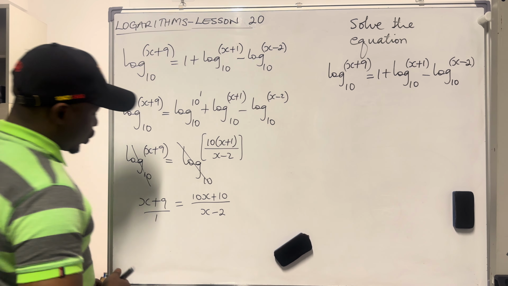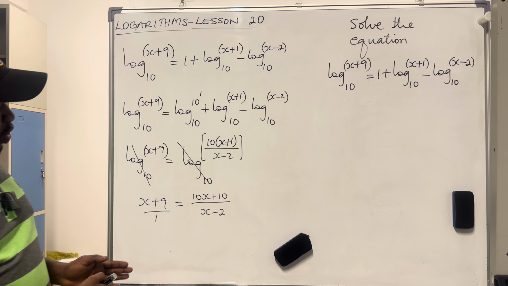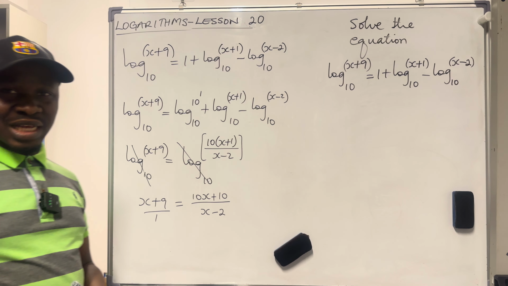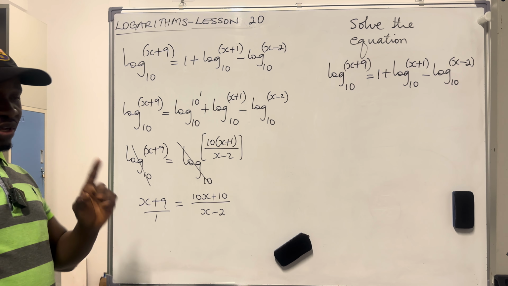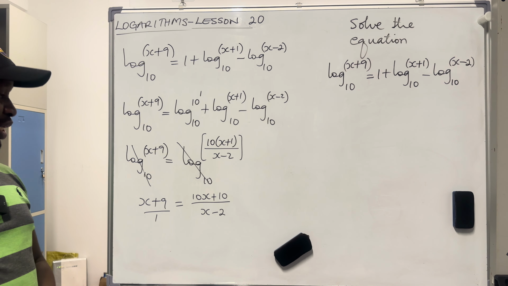All right, so one term equals one term. If you have an equation where one term equals one term, and there is at least one fraction, we can perform cross multiplication.